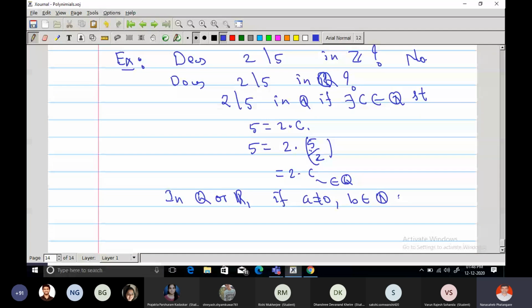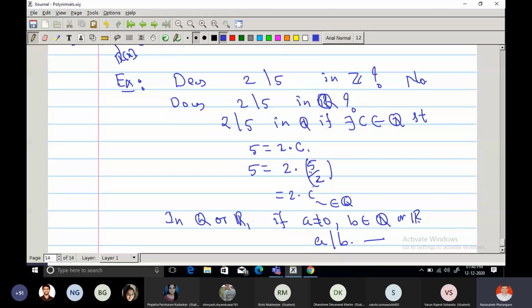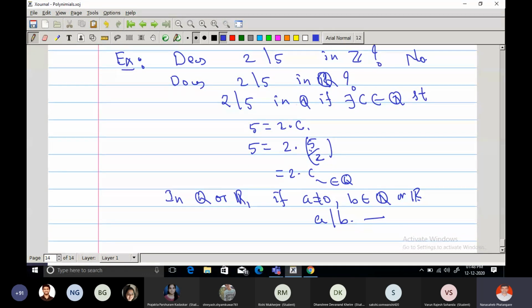But this is not the case for integers, and therefore divisibility is not very interesting to study in real or rational numbers, whereas it is important to study in integers.